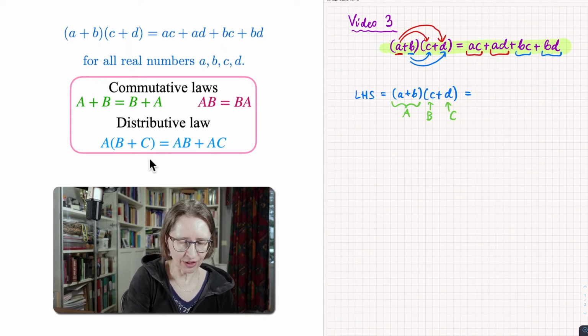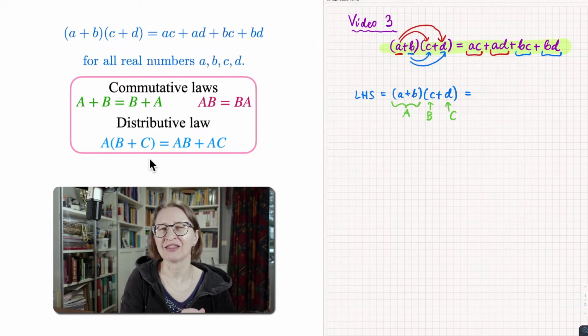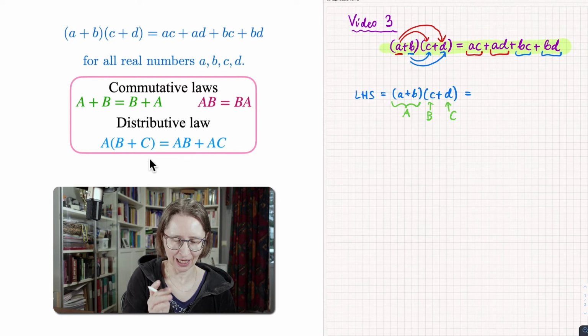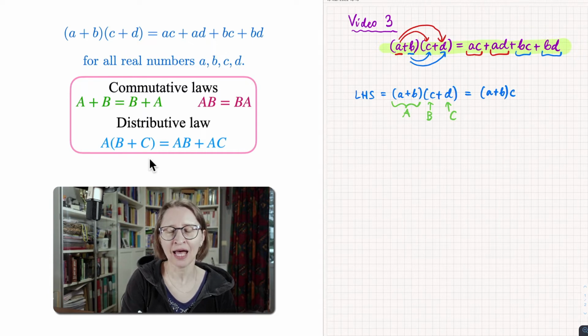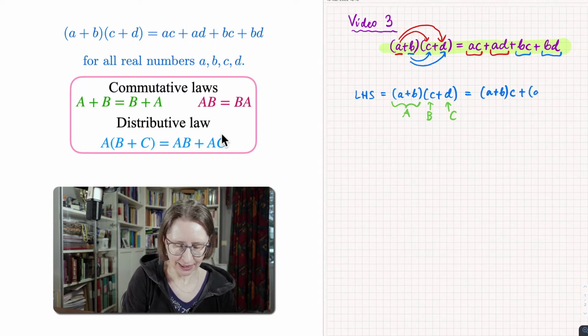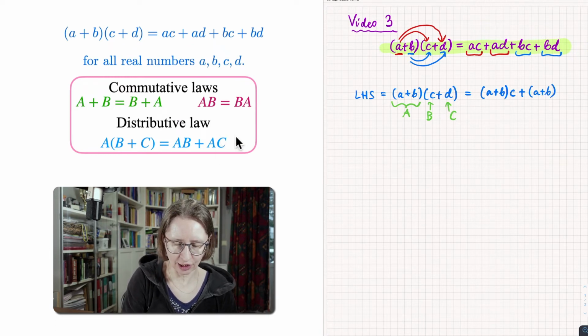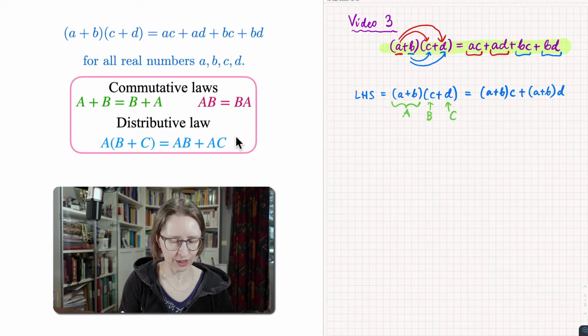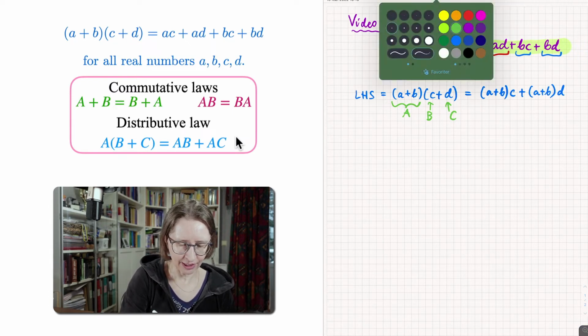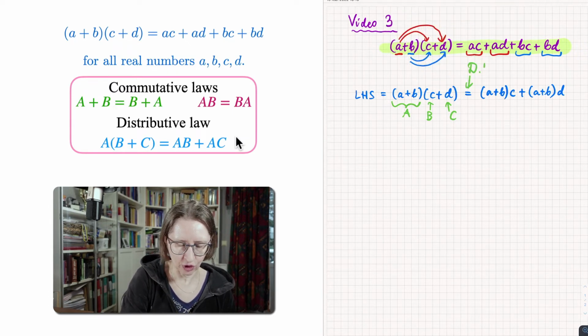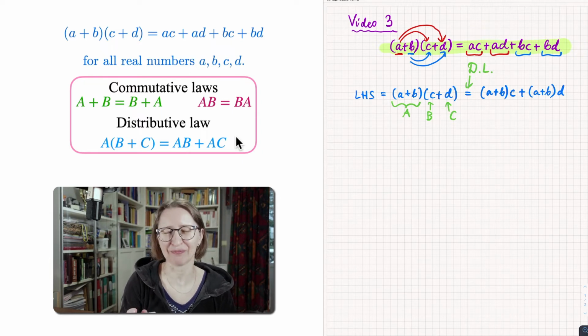This tells me that the expression at the left-hand side is equal to large A times large B, which in this case will be (a + b) times c. And then I have to add AC. It is (a + b), and large C is equal to d. You see, so here I applied the distributive law for the first time.